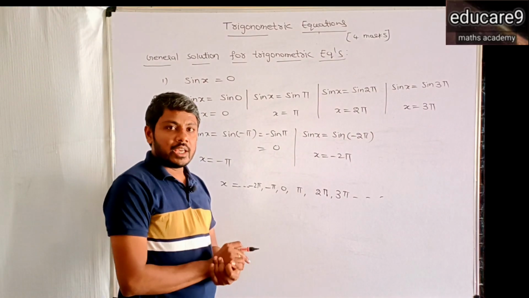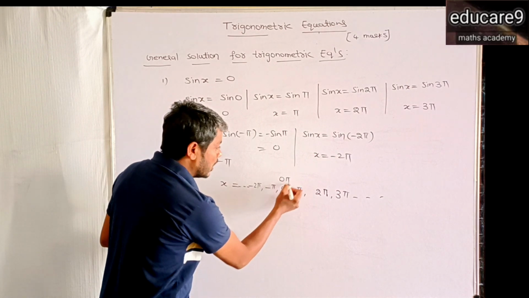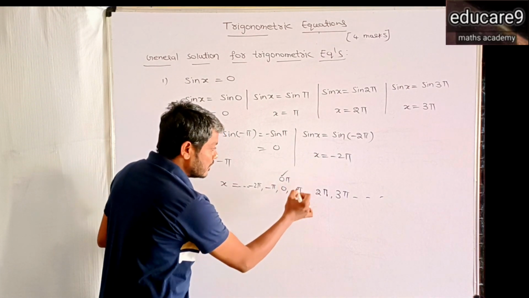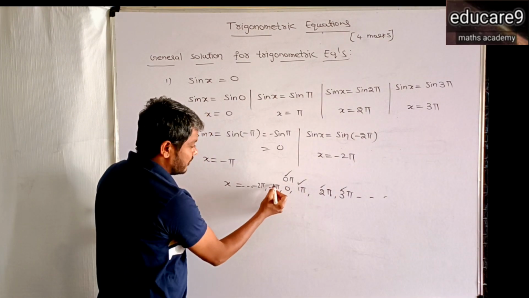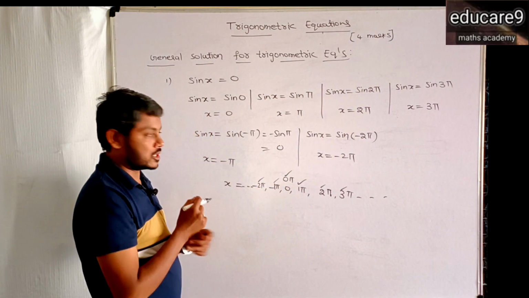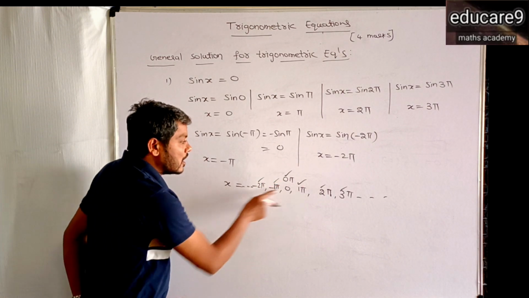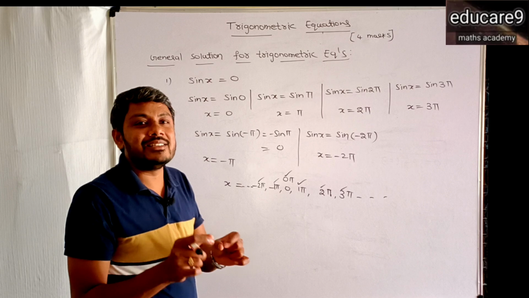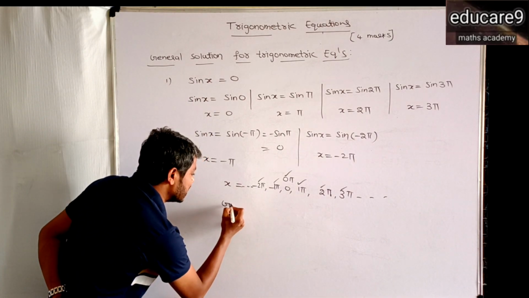So once you observe the quotients of pi here, we can write 0 as 0 into pi. Here 0, and the quotients of pi are 1, 2, 3. Next, on the left hand side, minus 1, minus 2 and so on, which are the negative values. But 0 is neither positive nor negative. So clearly all these values are what? Integer values. So we can write the general solution.